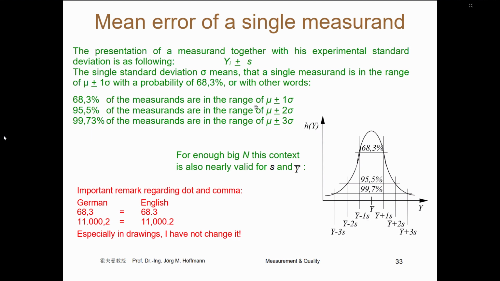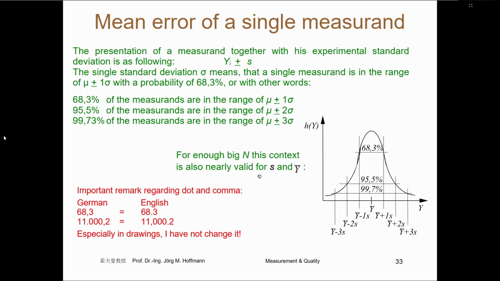But because we can never determine the micro, the expected value, because we cannot measure an infinite number of measurements, we take it also for S and the mean. And therefore it is written here: for enough big N.